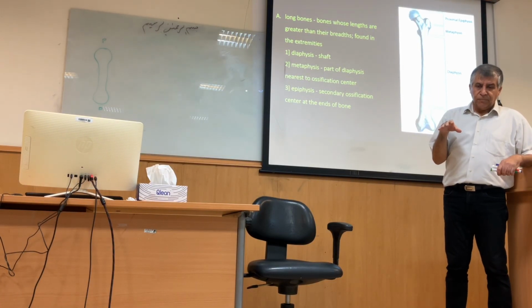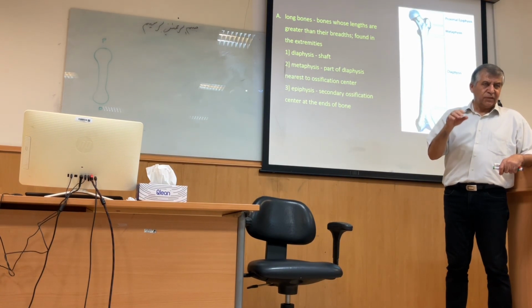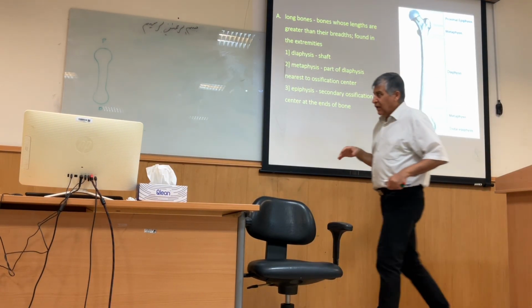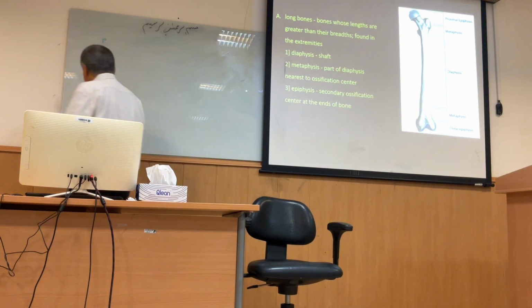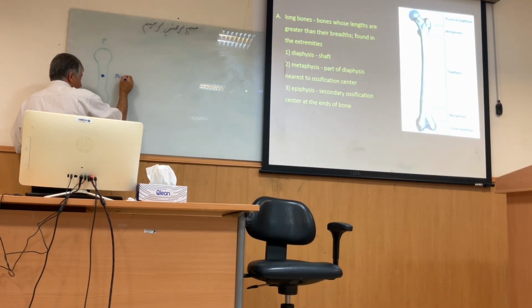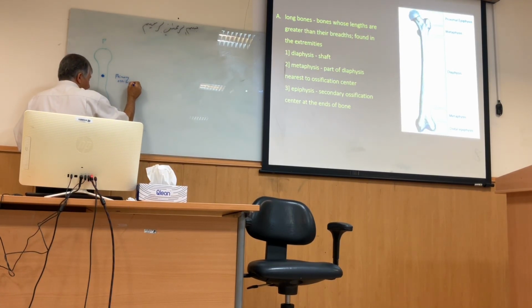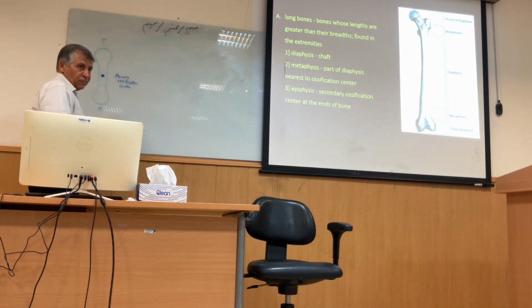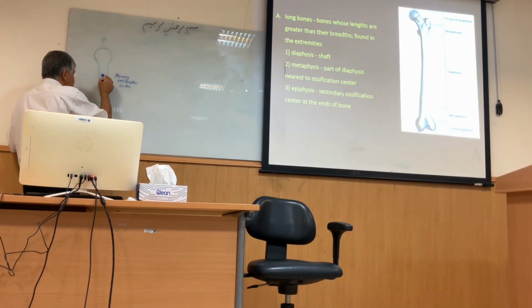In the embryonic period, enlarging in the uterus, a primary ossification center appears in the diaphysis, and cartilage changes to bone.